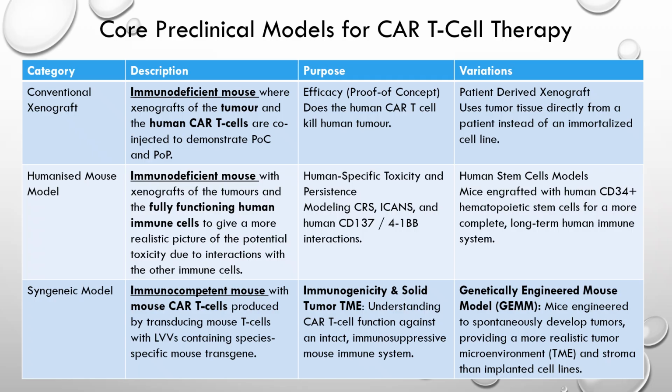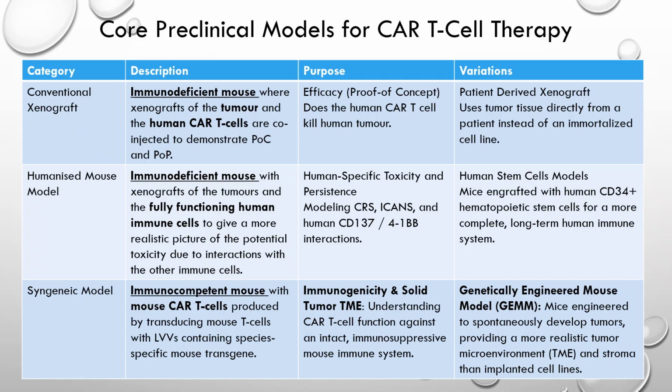So instead of using traditional cell lines, you could use patient-derived xenografts instead of immortalized cell lines. But this is a basic approach where you would demonstrate proof of concept or proof of principle. And then there's the humanized mouse model.